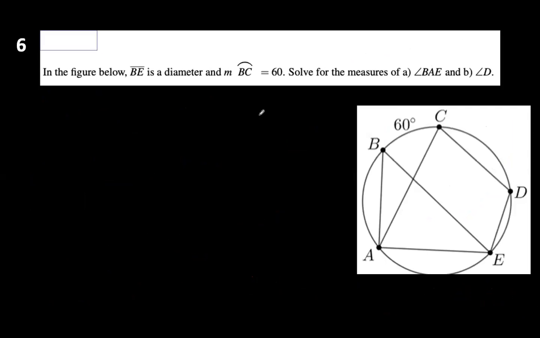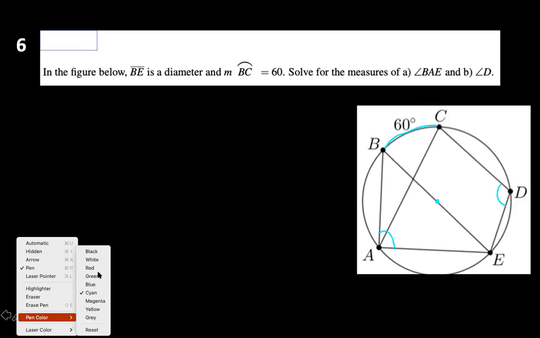So let's solve item number 6. Now in the figure below, BE is a diameter. All right, BE is the diameter, so let's identify the center. And the measure of arc BC is equal to 60.